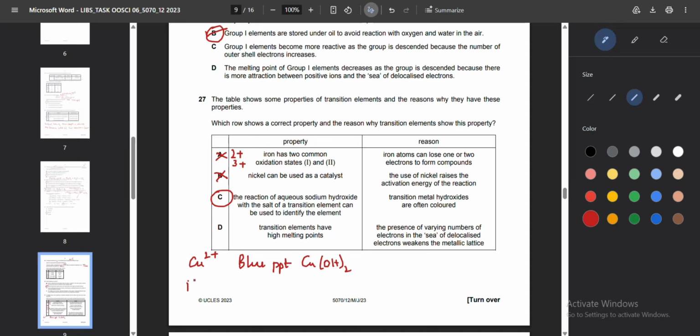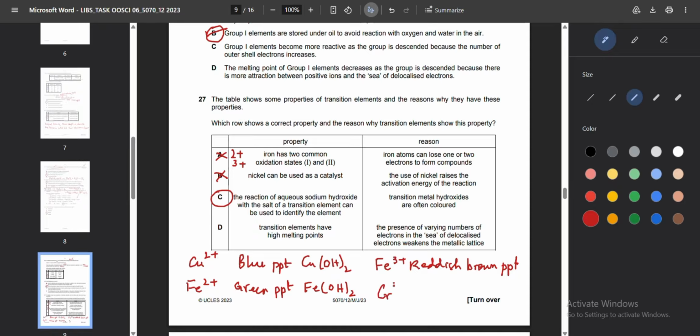And iron positive 2 forms green precipitates, Fe(OH)2, and they turn brown on standing. Iron positive 3 forms reddish brown precipitates.